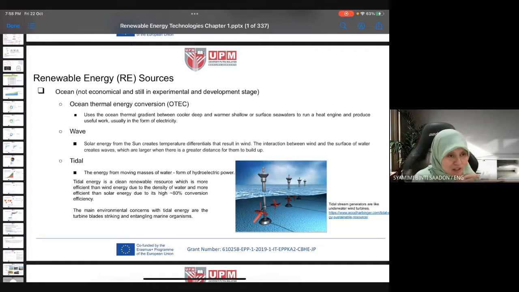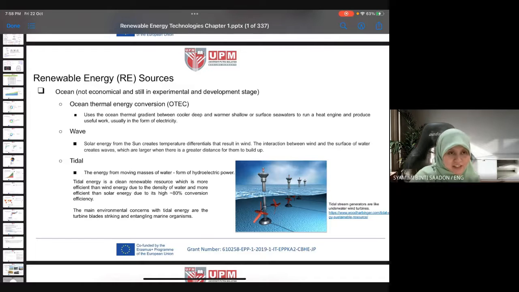So due to this thermal gradient, the difference in temperature, it can produce thermal power to run an engine. So that's where it can form electricity.